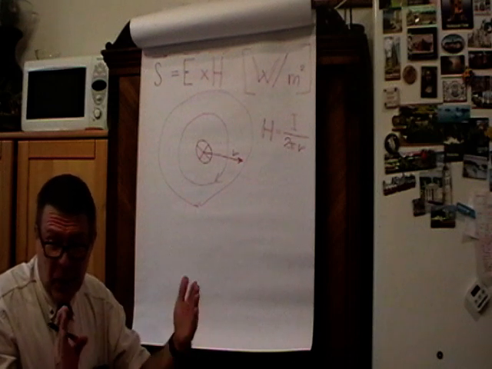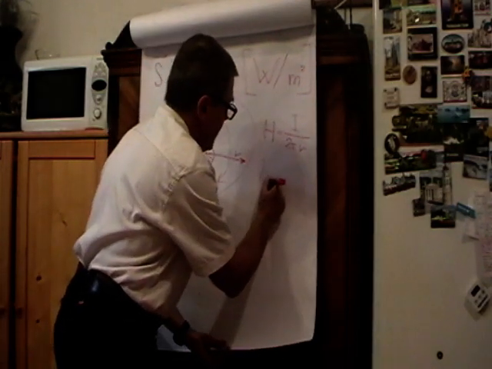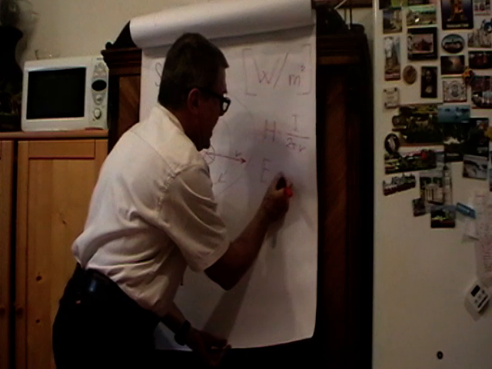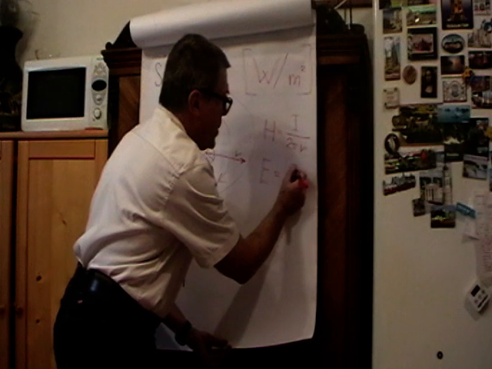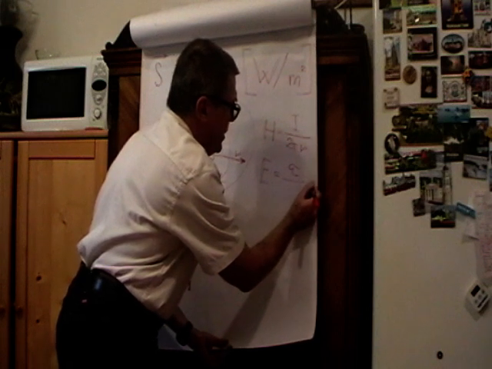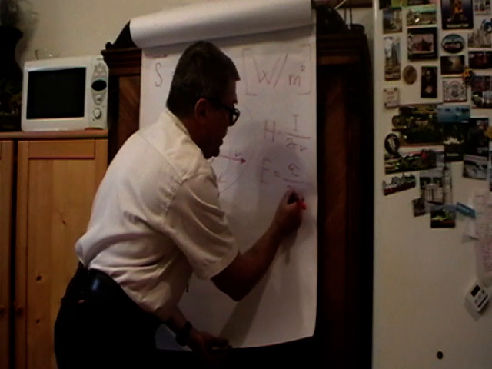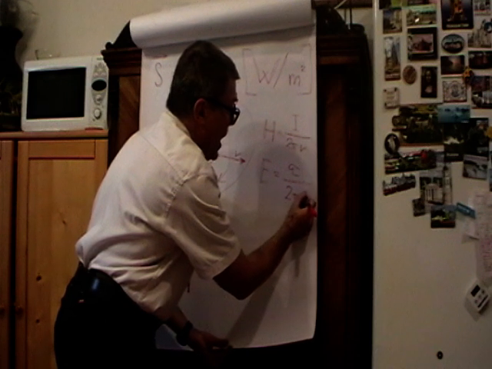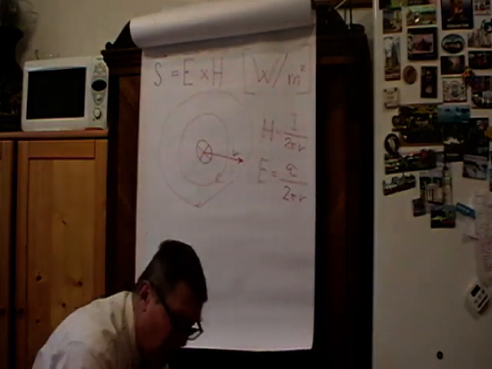there is an equation for the electric field strength around it, and that is E. The electric field strength is directly proportional to the charge density tau, which is the charge per 1 meter of the conductor, and it's inversely proportional to 2 pi r, where r is again the distance from the axis of the conductor.